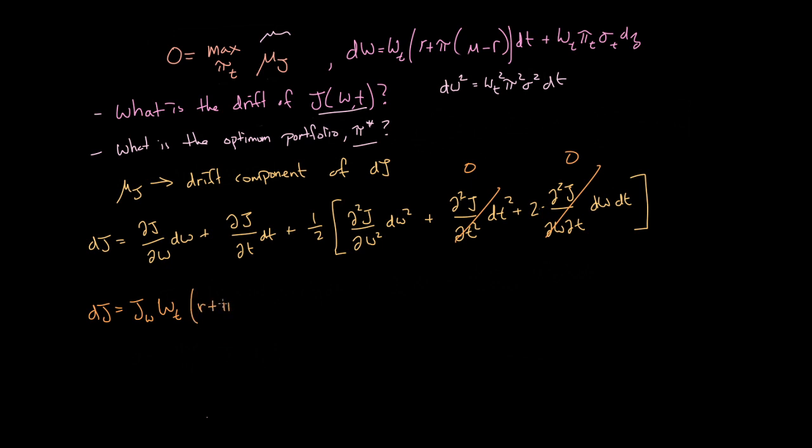I'm going to cut one little corner here, and that is that recall that we only care about this drift term, number 1. So we don't need dZ. We can just throw it away. So I'm just not even going to write it. J_t dt, and then 1/2 J_WW and then dW squared, which is W_t squared pi_t squared sigma squared dt.